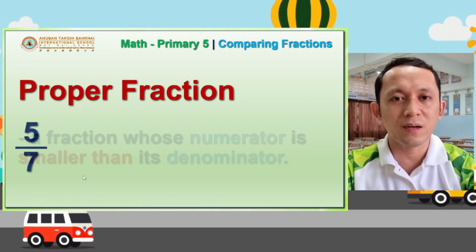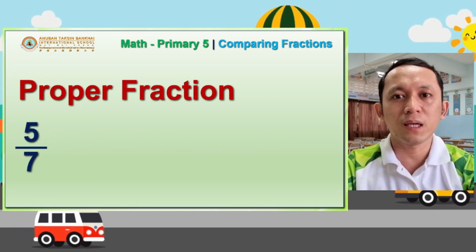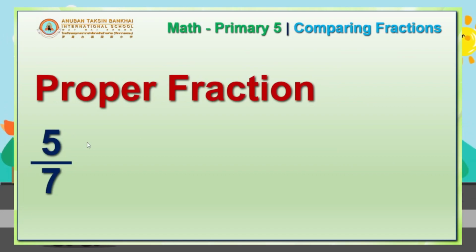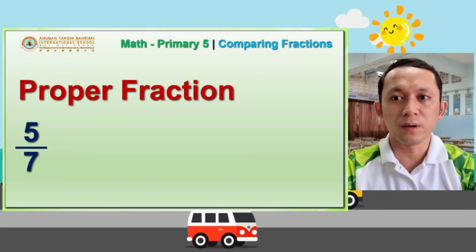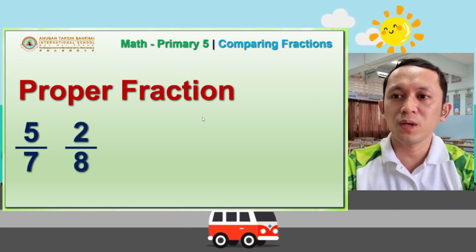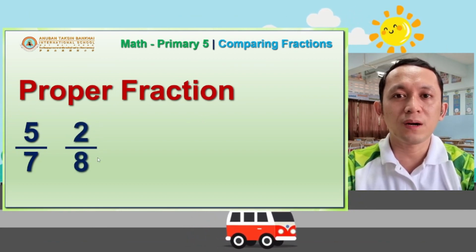Let's have here an example. We have 5 over 7. You could see that our numerator, 5, is smaller than our denominator, 7. So 5 over 7 is a proper fraction. Next, we have 2 over 8.